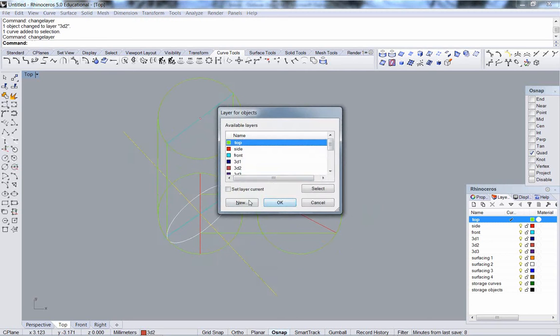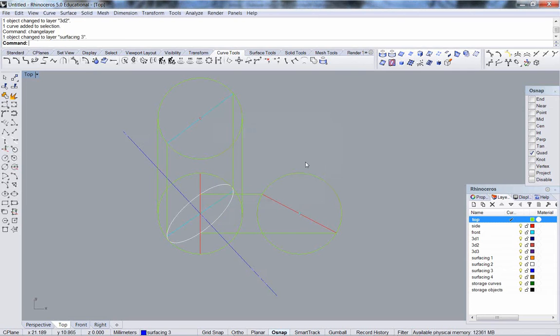And that's too close to the other color. So here's your x, y, z.